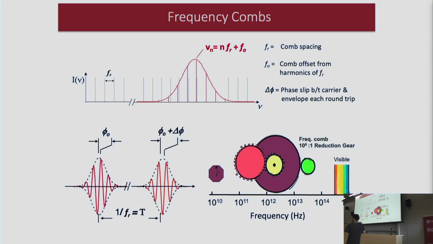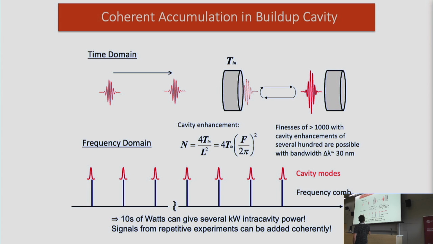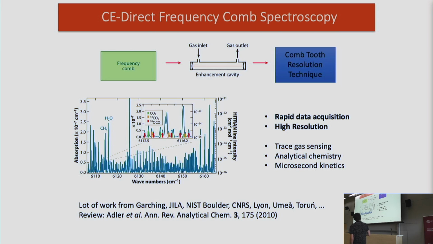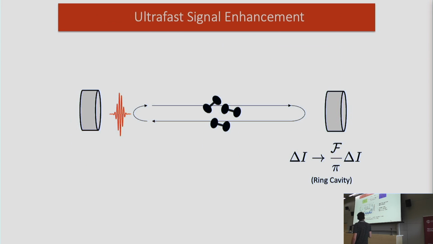And that means that I can couple this comb of equidistant lines to the comb of cavity modes. And I can get the same kind of enhancement that people do with CW laser CRDS and cavity-enhanced spectroscopy, except in a broadband manner. So this is all very commonly done in linear spectroscopy by many different groups.